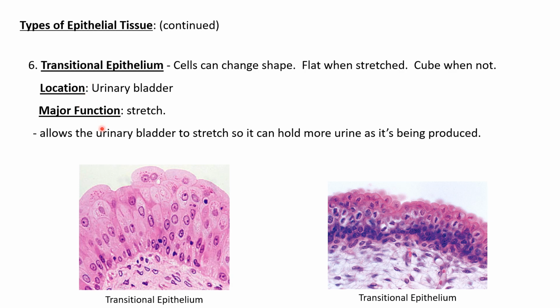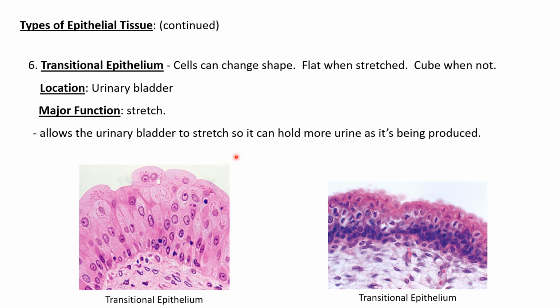The major function of transitional epithelium is stretch. I just remember the cells are in transition between one shape to another, so transitional, and they can stretch. This allows the urinary bladder to stretch so it can hold more urine as it's being produced.